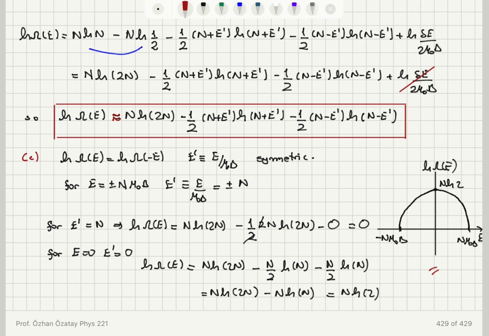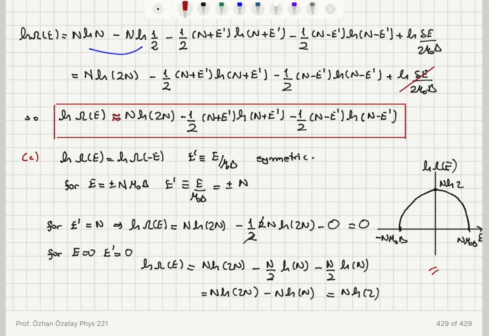We then observe that it has to be symmetric, and we find that for the minimum energy and maximum energy of the spin system, the natural logarithm of the number of accessible states becomes 0, because the number of accessible states would be 1 if all spins point up or all spins point down.